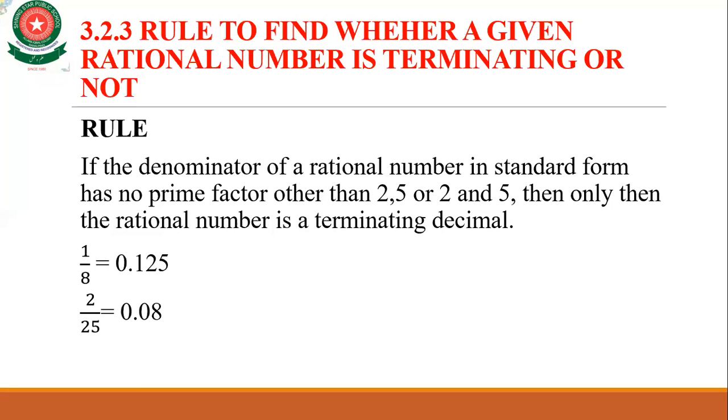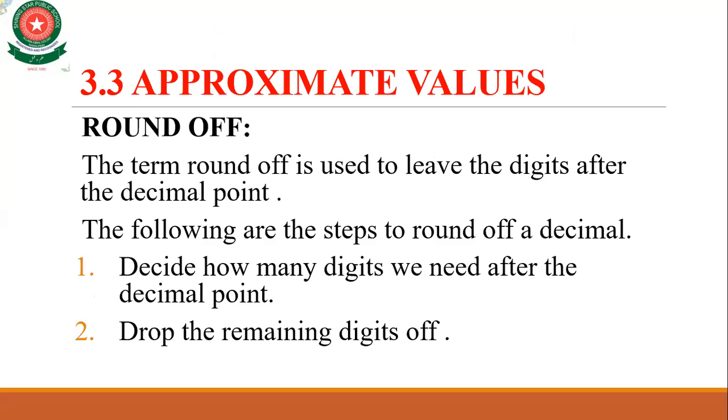Same as 2 by 25. When you divide it, you will get 0.08. When we reduce the 25, we get 5, which is a prime number. And we know that if the denominator of a rational number in standard form has no prime factor other than 2 or 5, or 2 and 5, then the rational number is a terminating decimal.